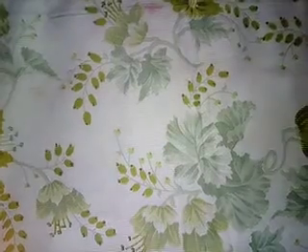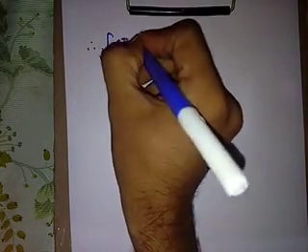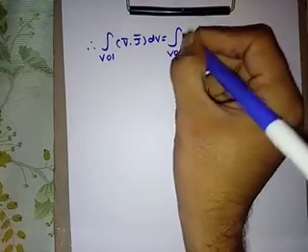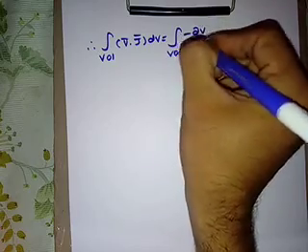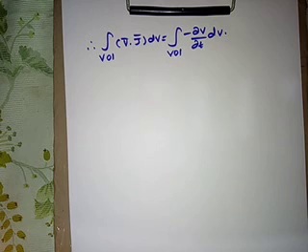From this we can write that the volume integral of del dot j bar dv is equal to the volume integral of minus dou rho v by dou t dv. If this relation is true for any volume, then it should also be true for the incremental volume delta v.